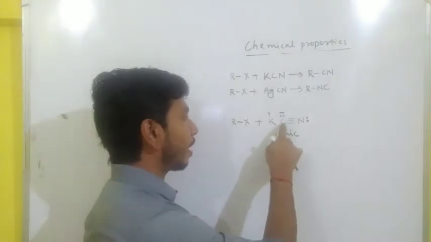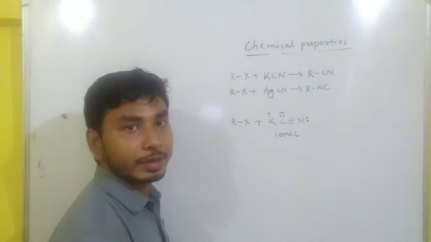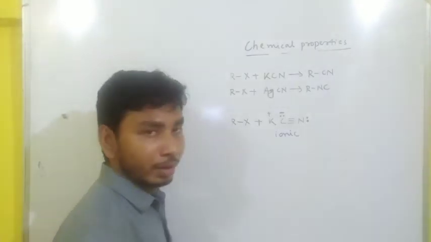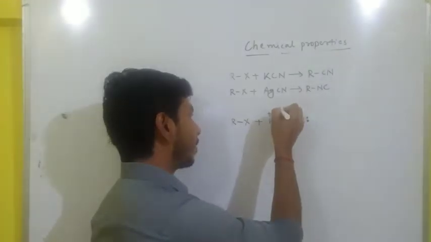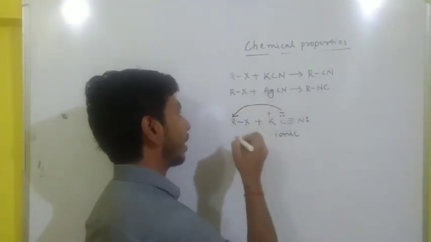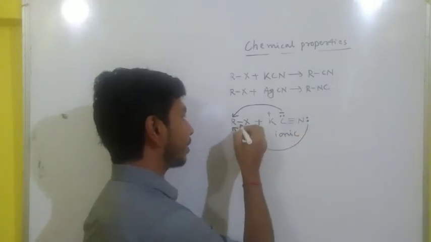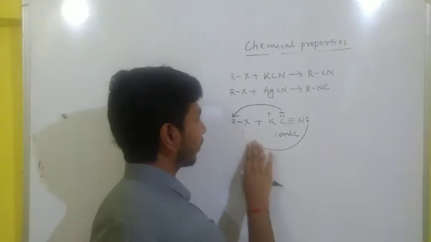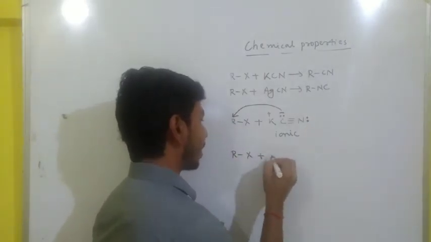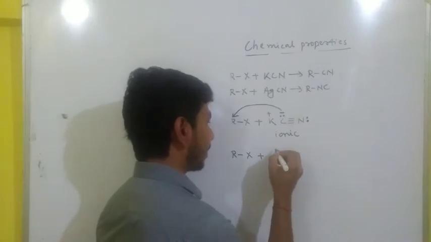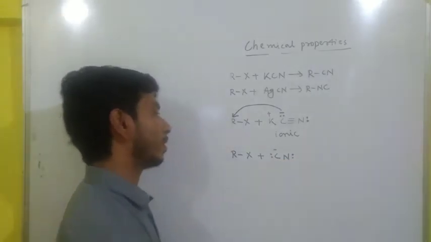So here both carbon and nitrogen, both atoms are electron rich, that is they have electron pairs. So now this carbon can attack the alkyl group, as well as nitrogen can also attack the alkyl group. Suppose RX plus CN minus: carbon has an electron pair, nitrogen also has an electron pair.